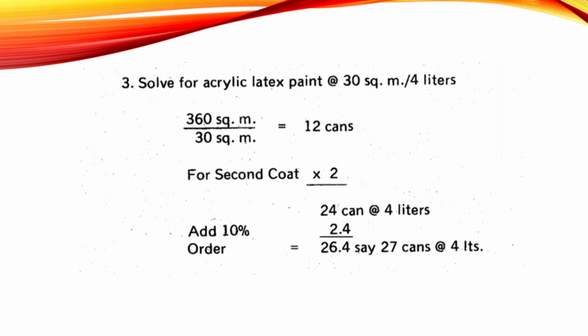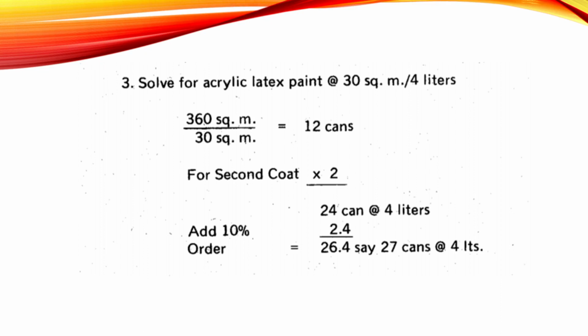In solving for acrylic latex paint, we divide 360 square meter by 30 square meter, where 30 square meter is the area coverage again for a coarse to rough surface. Therefore, we have 12 cans of acrylic latex paint primer. We have to multiply it by 2 for 2 coatings.